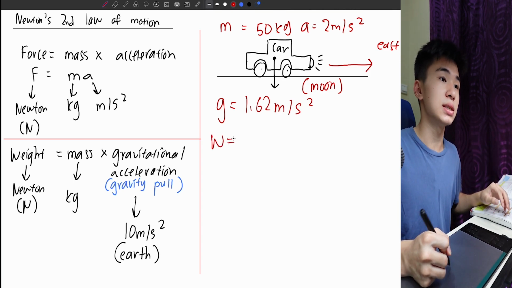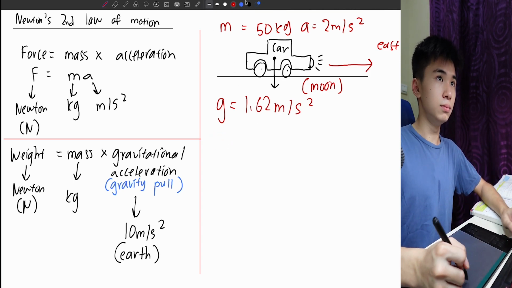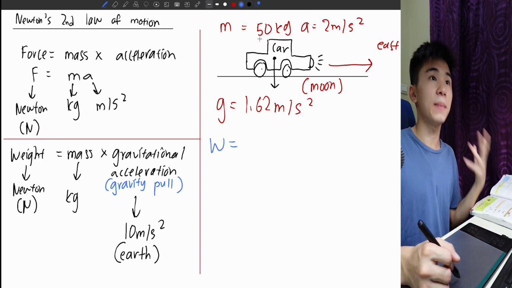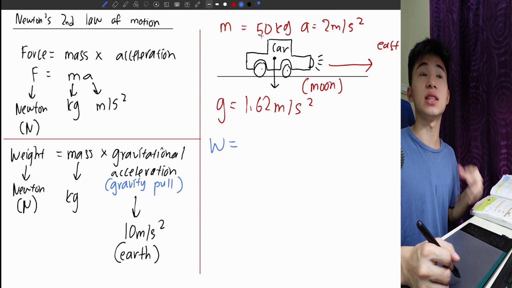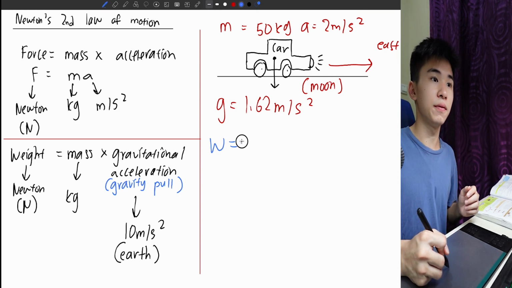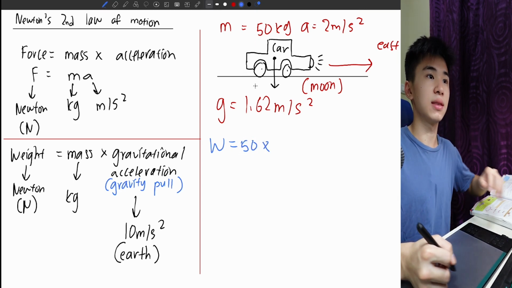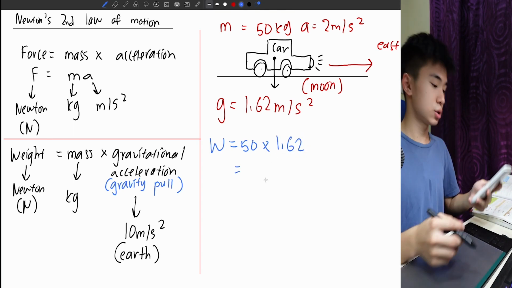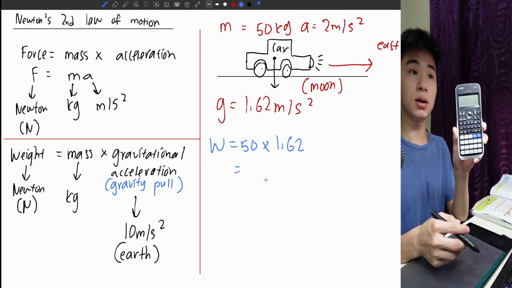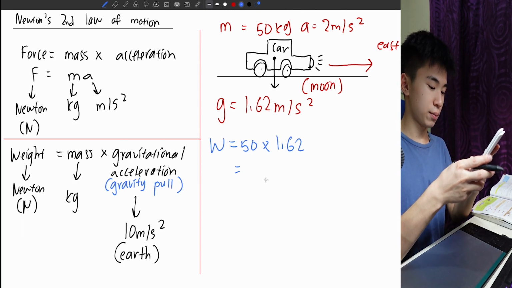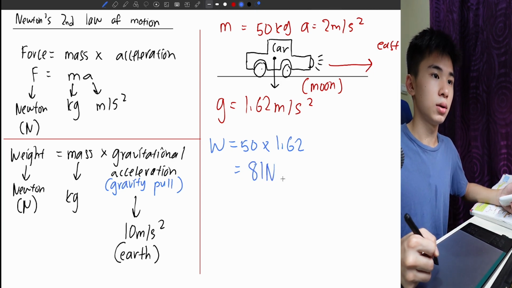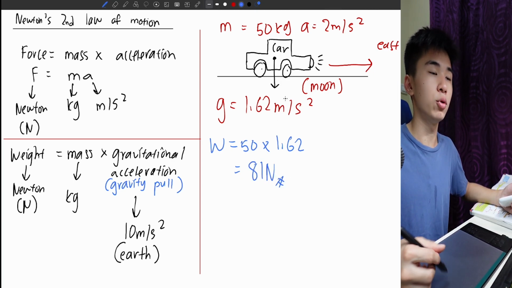Weight equals mass. The mass is still the same in this case, the mass is constant. So 50 times g, which is 1.62. I will calculate with my calculator here. 50 times 1.62 is 81 newtons on the moon.